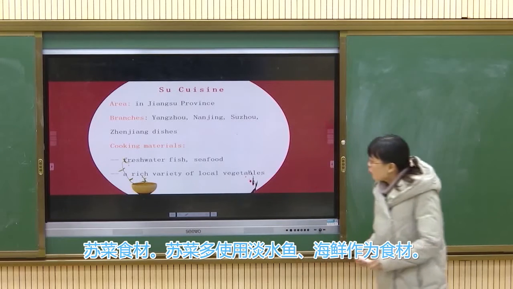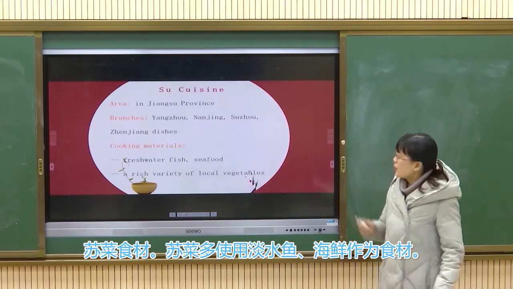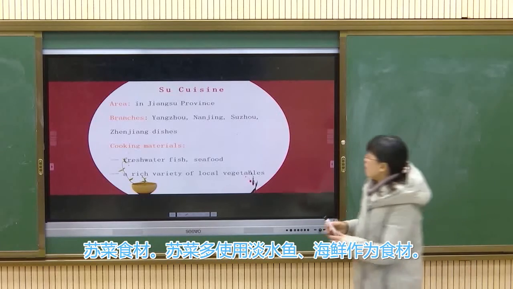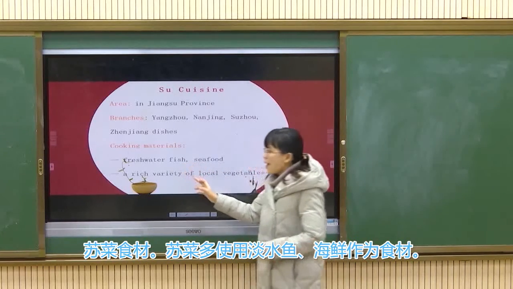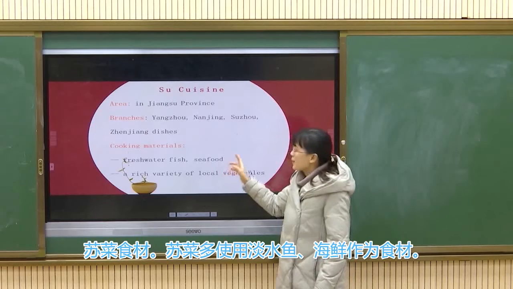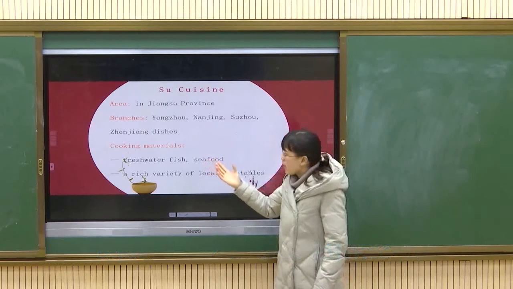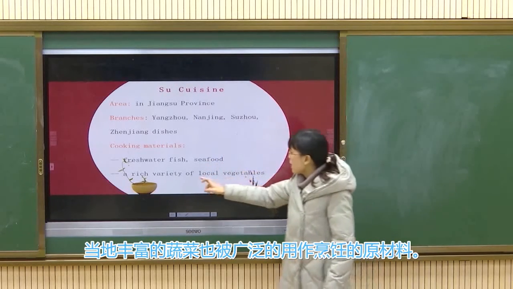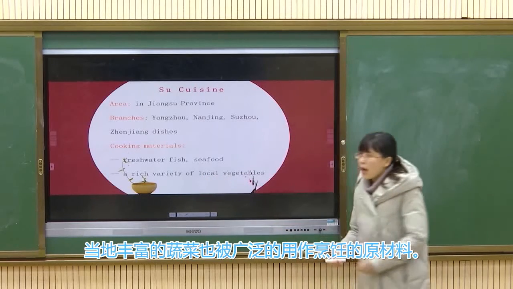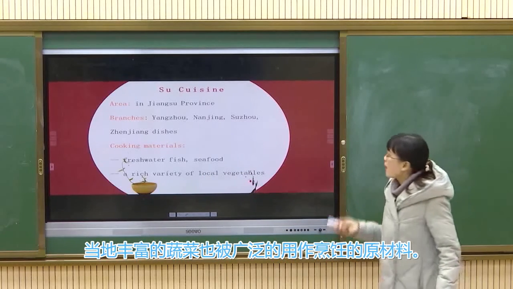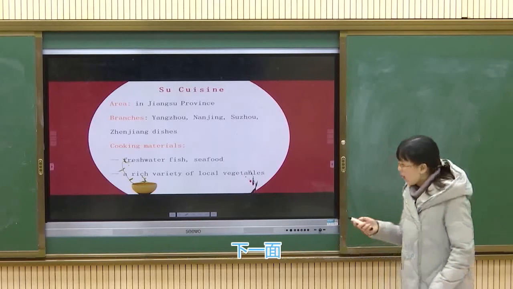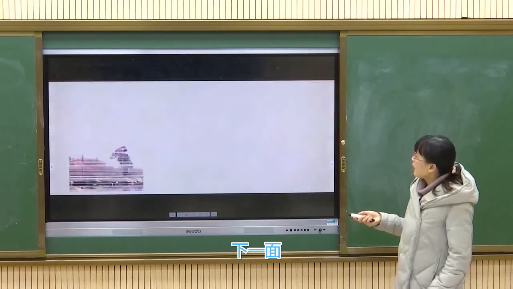And the cooking materials. Su cuisine often uses freshwater fish and seafood as cooking materials, and a rich variety of local vegetables are widely used as well. And then let's go on with the next page.